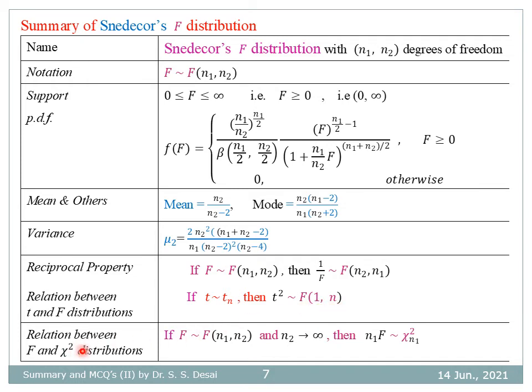And the relation between F and chi-square distributions is: if F follows F distribution with n1, n2, and if n2 tends to infinity, then n1 into F follows chi-square distribution with n1 degrees of freedom.